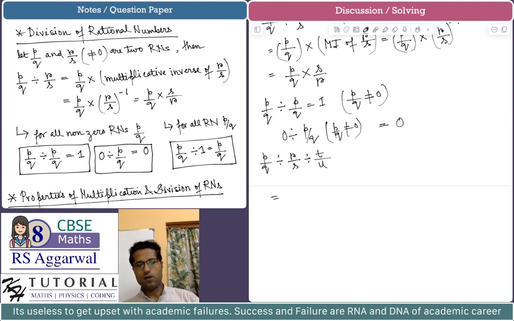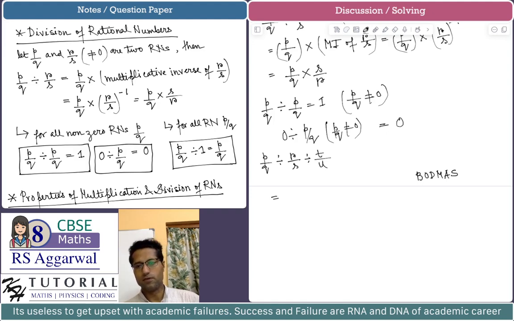You have studied in your previous classes the BODMAS rule. That is, in an expression having various mathematical operations like addition, subtraction, division, multiplication, you first apply the brackets. BODMAS: first brackets, then O, I forgot what O is.